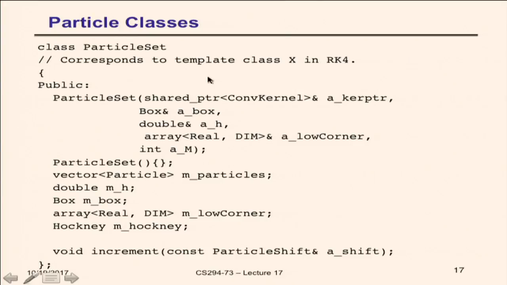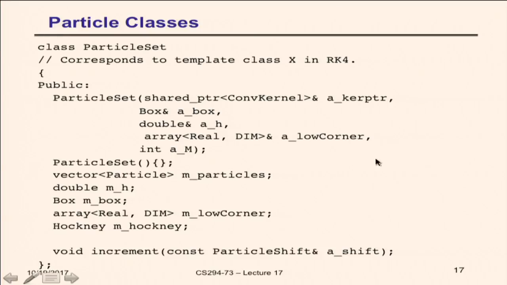However, you're going to pass in some things, or the driver program is going to pass in some things that have to do with the Hockney algorithm, the convolution kernel, the thing that defines the smoothed out Green's function. The box over which your particle and cell method is defined, mesh spacing.